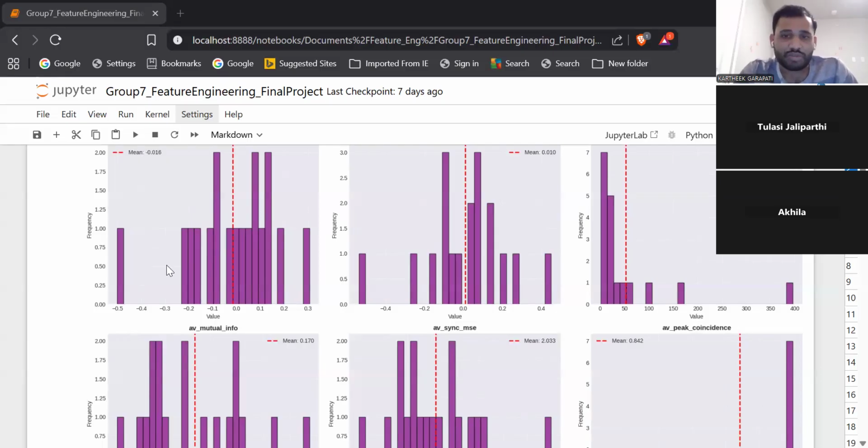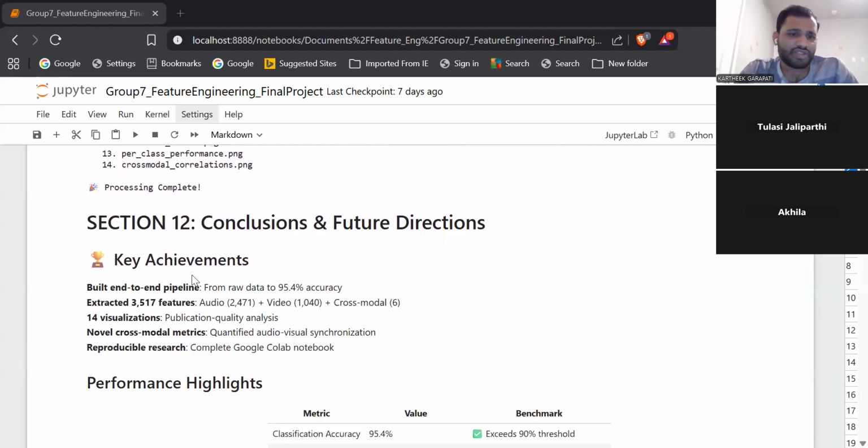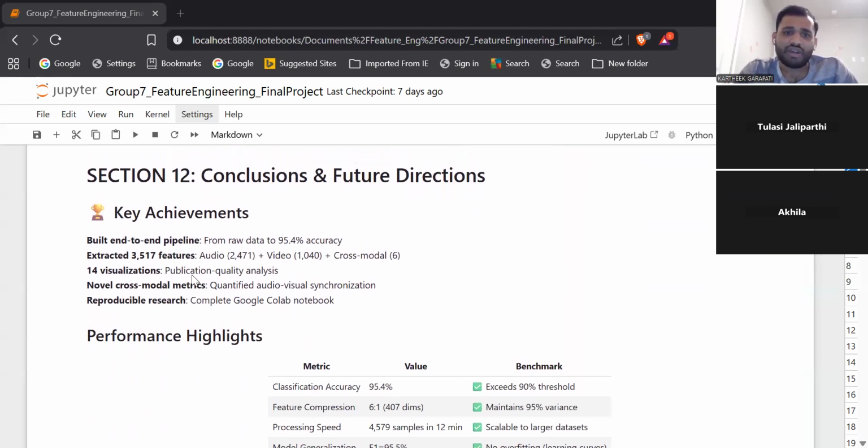These prove our cross-modal features quantify audio-visual relationships, enabling future fusion that could exceed the 95% we achieved in this implementation. So these are all the visualizations, and everything got saved in our database.